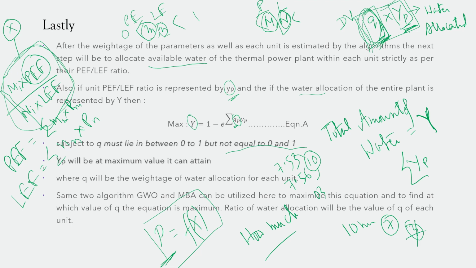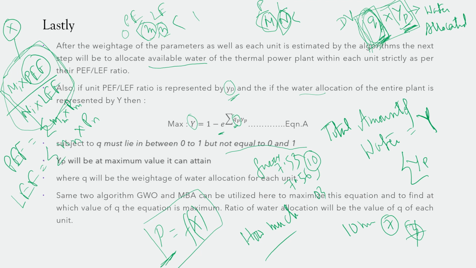So in this type of fuzzy case, a certain amount of magnification is required such that the difference of importance between the units is very clear. So that is why we have utilized this exponential function.